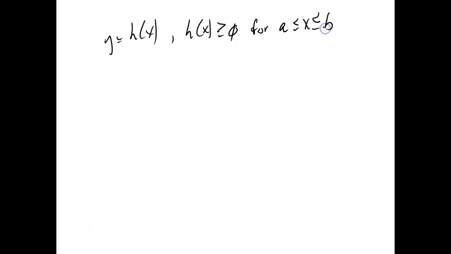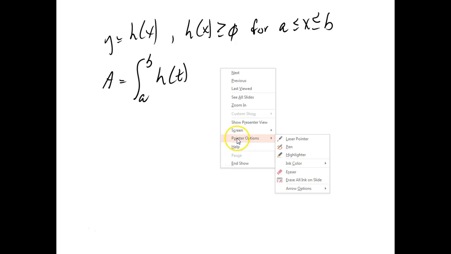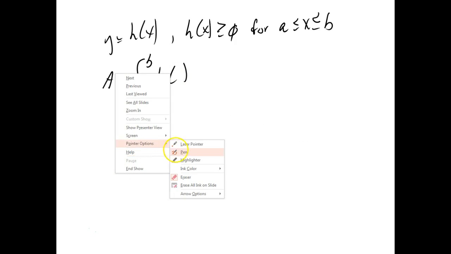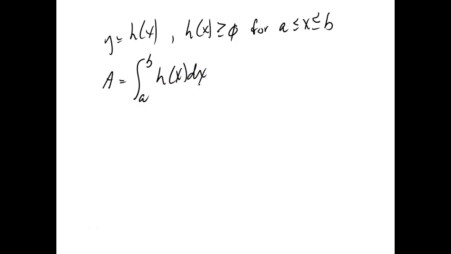As we know, the area under a curve given by y is equal to h of x, when h is always greater than or equal to 0, for a less than or equal to x less than or equal to b, somewhere between a and b, is equal to the integral from a to b of h of x dx. Doesn't matter what your dummy variable is. Okay, that's what your area is.